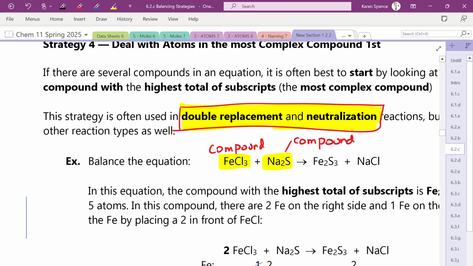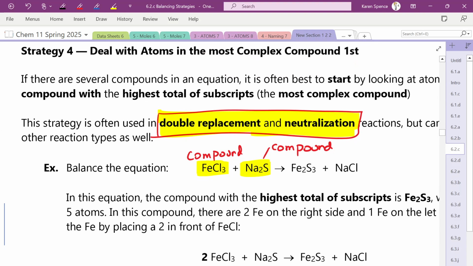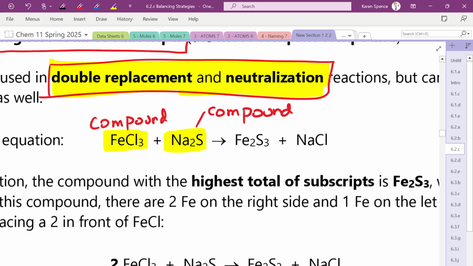Basically, what you do is you look for the most complicated compound, and this is on page 31. What do we mean by the most complicated one? The one with the highest total subscripts. So you look and you say, out of all these 4 compounds, which one has the most subscripts?